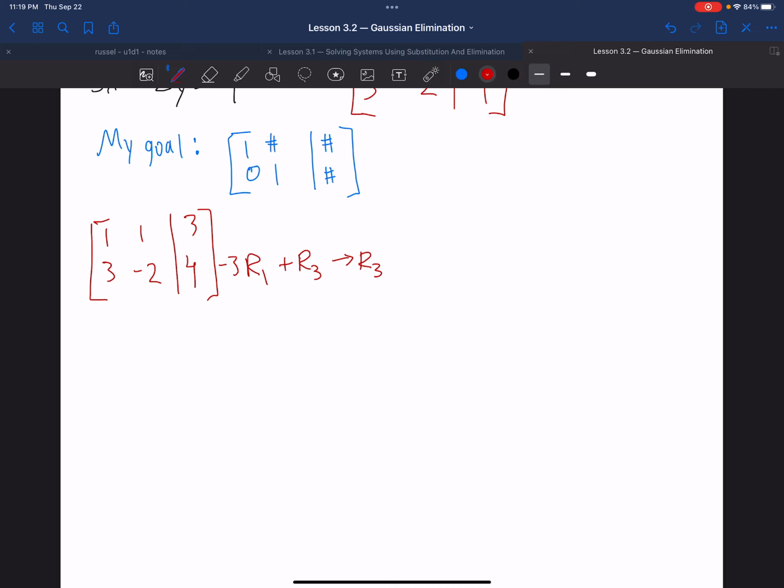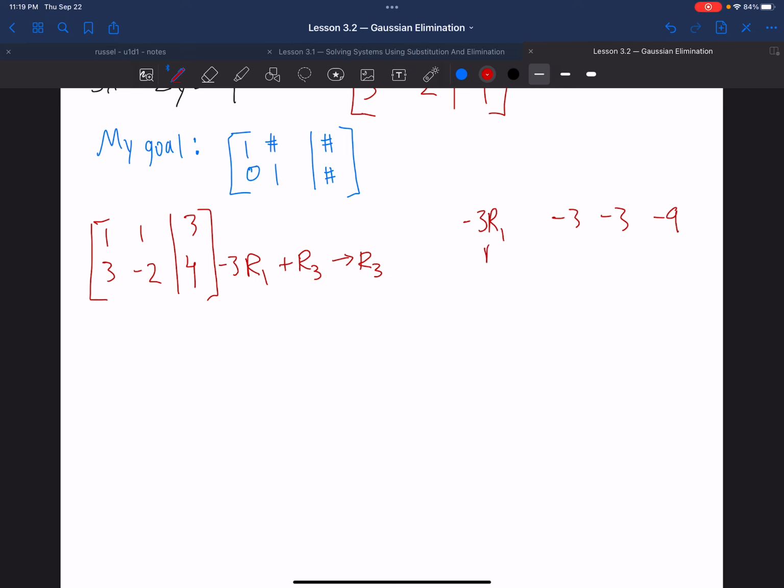-3 times row 1. I'm going to take that first row and multiply by -3. This 1 times -3 is -3. This 1 times -3 is -3. And this 3 times -3 is -9. So the top row is -3, -3, -9.